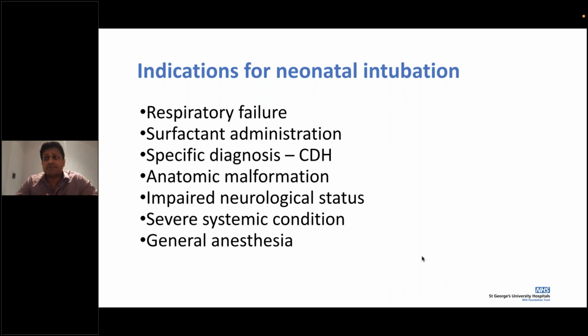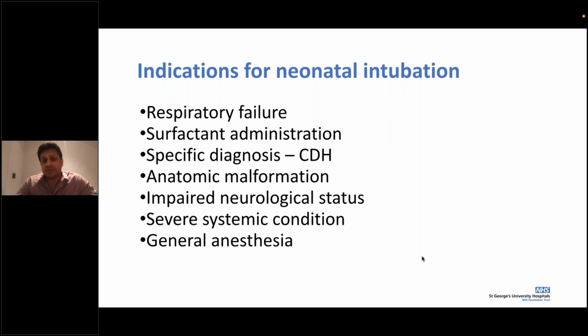Or let's say the baby was born in a very poor condition, for example with hypoxic ischemic encephalopathy, in which case you may need to consider initial ventilation, because the respiratory center, which is present in the midbrain, may not be good enough to regulate the respiratory function.